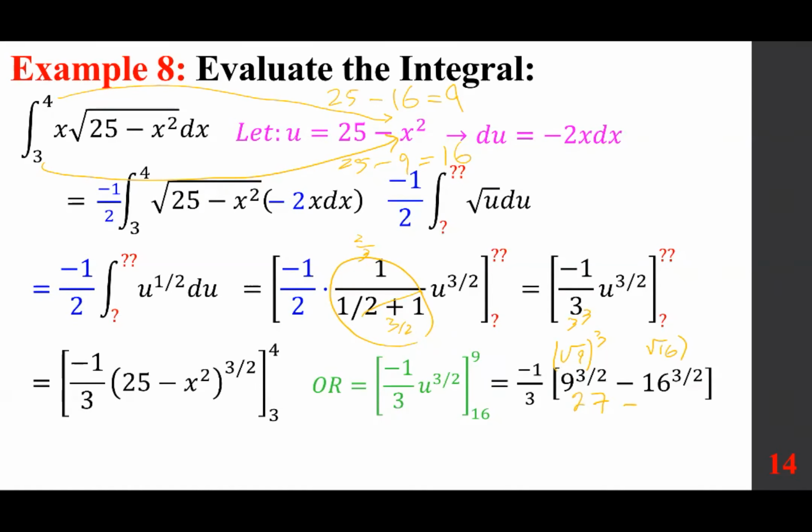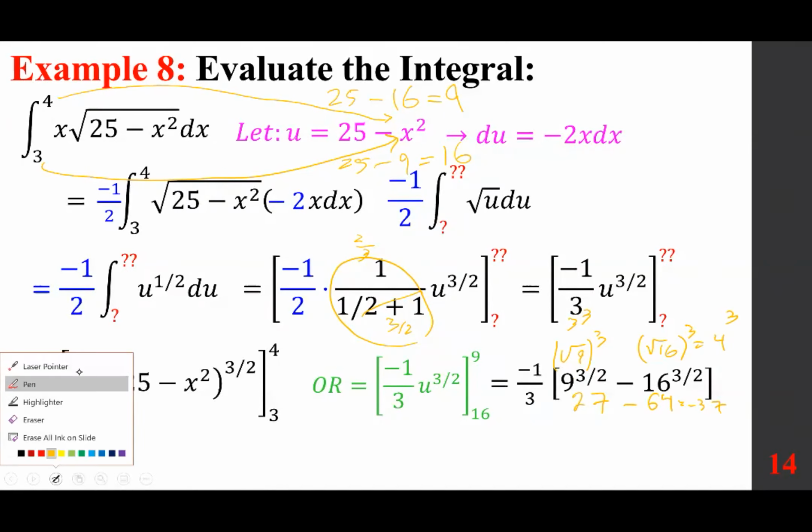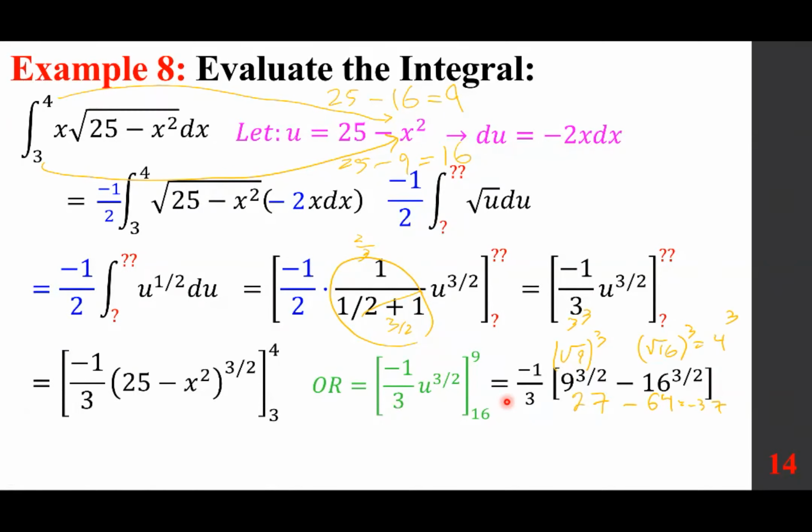This is square root of 16 cubed, which is 4 cubed, which is 64. This is minus 37 times a negative 1/3 gives us positive 37/3. Positive 37/3.